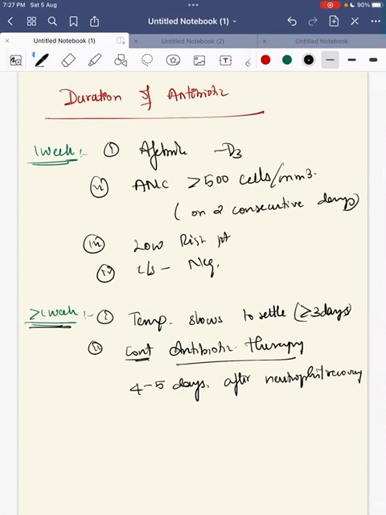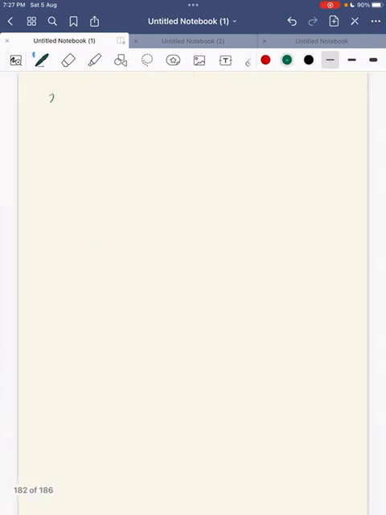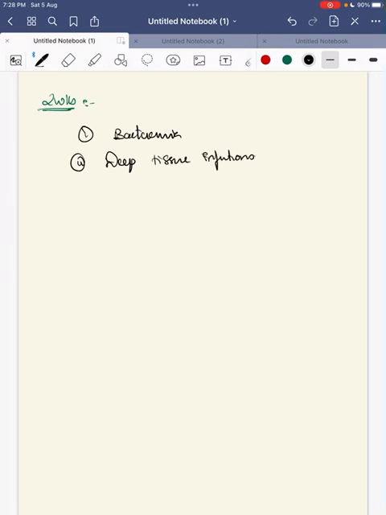Okay, this is more than 1 week of antibiotic treatment. For whom will you use 2 weeks of treatment? Two weeks of antibiotic treatment is used if the culture is positive, that is bacteremia is present, or the child has a deep tissue infection, or is a high risk patient, or if the neutropenia remains even after 1 week of treatment.